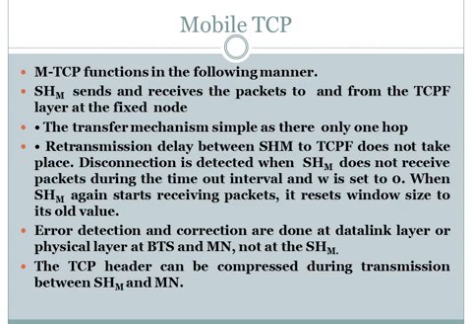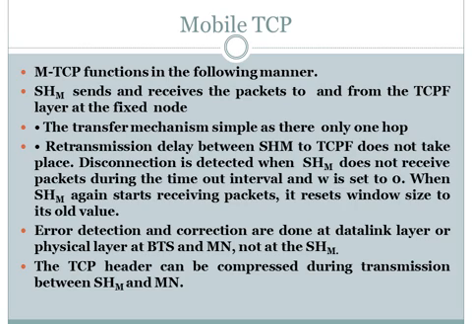But SHM can also send and receive packets to and from the fixed node. It is acting like an agent between the mobile node and the fixed node and TCP F dash. So SHM is acting as a mediator between MN and the TCP F.